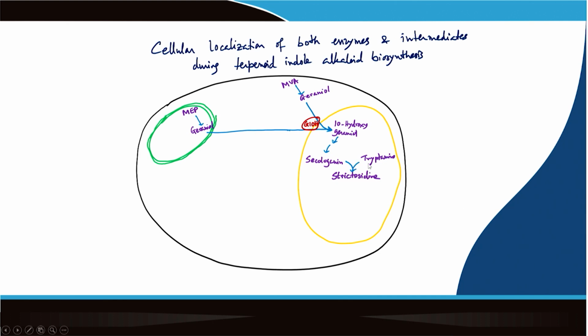Tryptamine comes from tryptophan. So, this tryptophan may also come from the plastid-localized shikimate pathway. So, here I will do slight changes in the drawing.